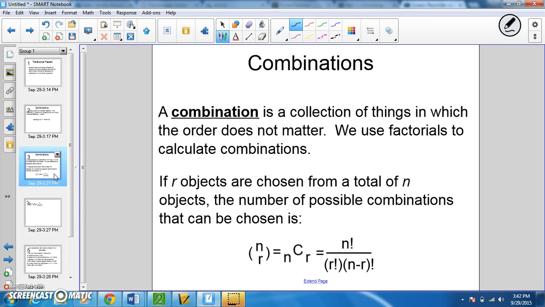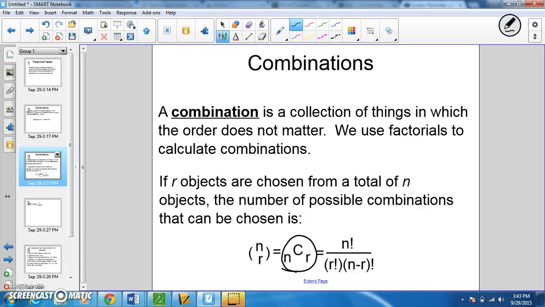A combination is a collection of things in which the order does not matter. Factorials are used to calculate combinations. If our objects are chosen from a total of n objects, the number of possible combinations that can be chosen is n choosing r, which is equal to n factorial divided by r factorial times n minus r factorial.